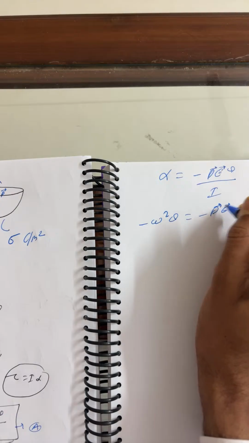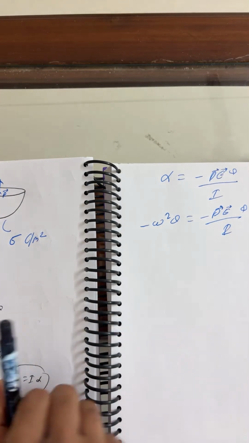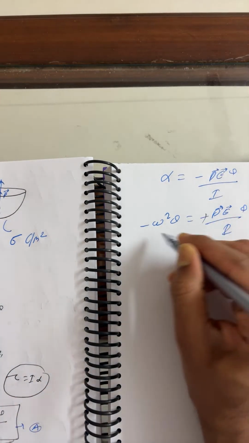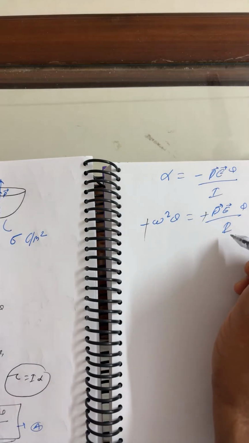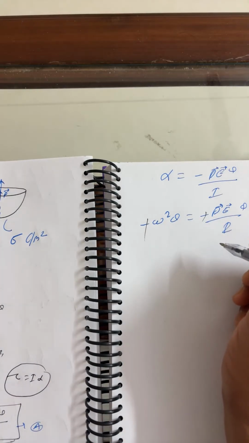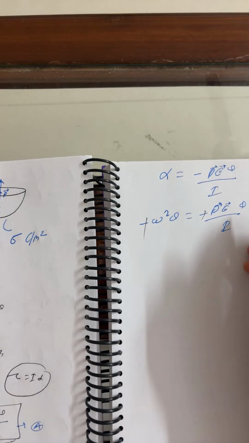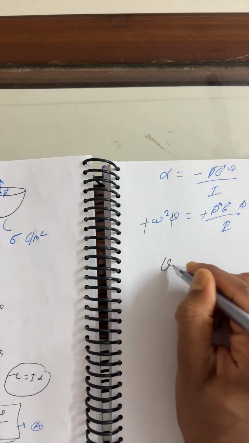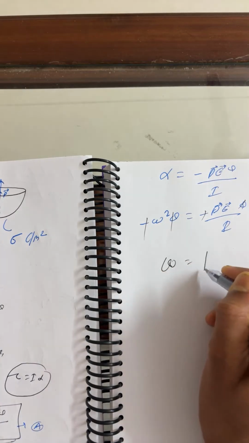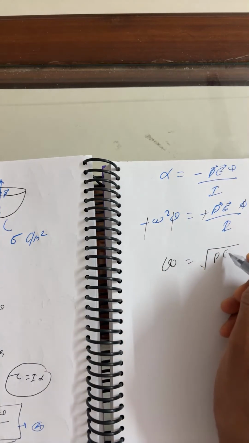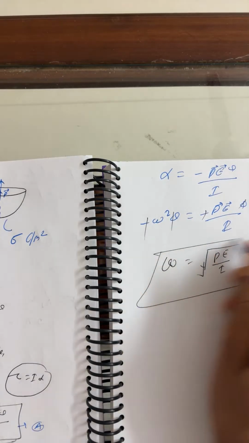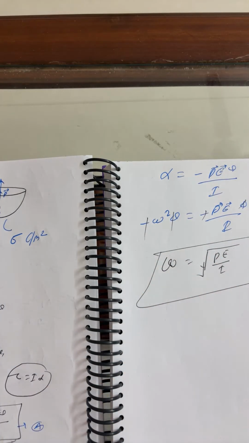So minus PE into theta upon I equals minus omega square theta. The minus cancels, and we wish to find omega. So omega is the root of PE upon I.